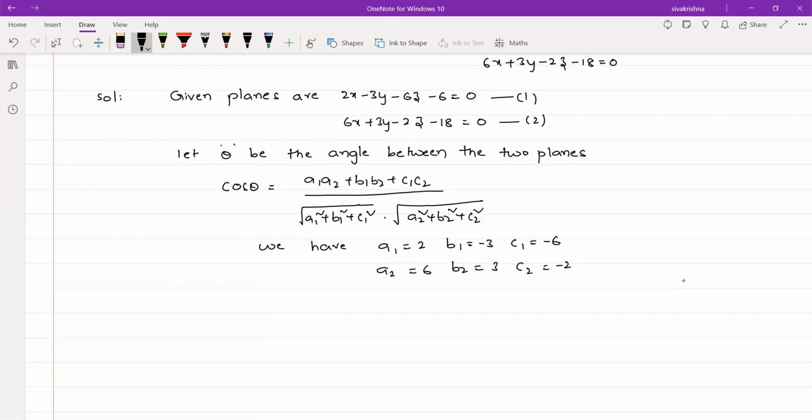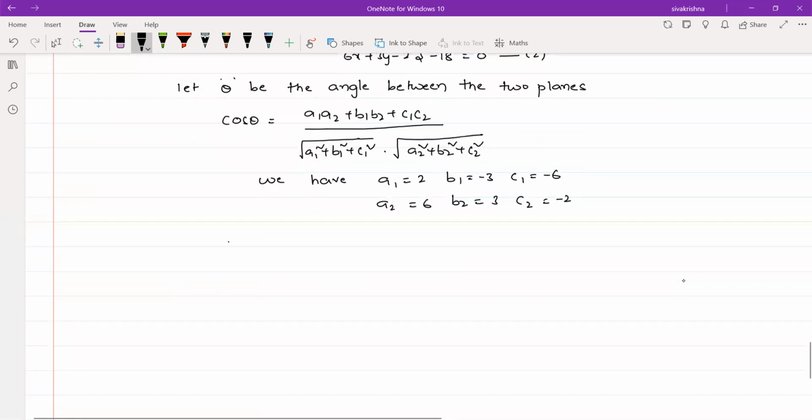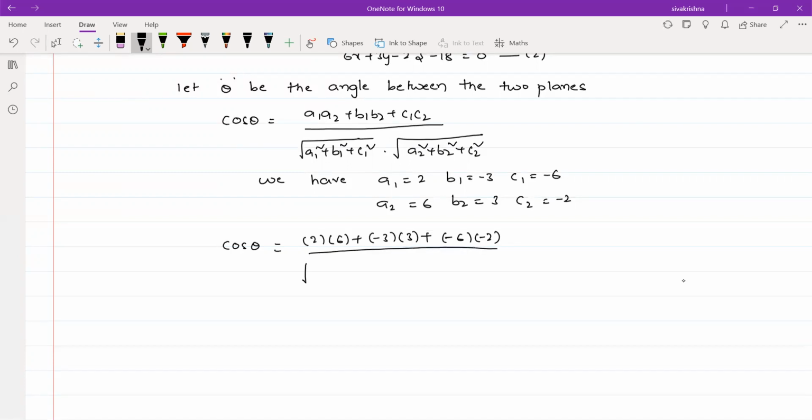These are the coefficients in equation 2. Now we substitute these values in the formula. Therefore, cos theta is equal to a1 a2, so 2 into 6, plus b1 b2, so minus 3 into 3, plus c1 c2, so minus 6 into minus 2, by root of a1 square.